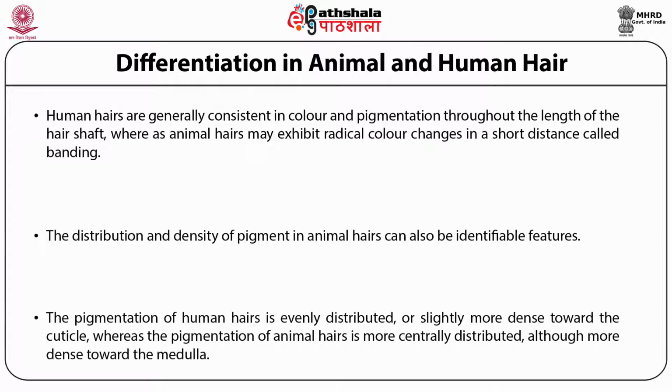The pigmentation of human hairs is evenly distributed or slightly more dense toward the cuticle, whereas the pigmentation of animal hairs is more centrally distributed, although it is more dense toward the medulla.